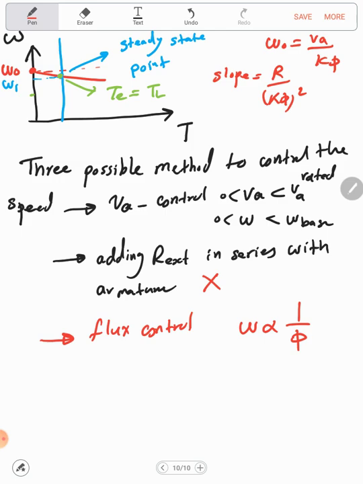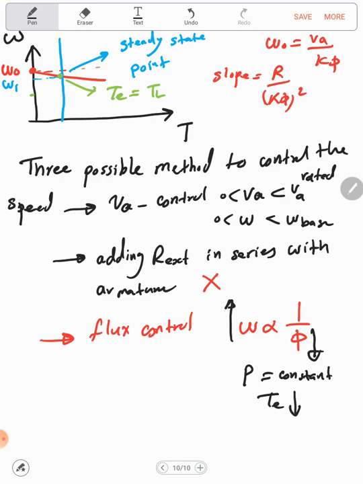So the only possible scenario is to reduce the flux, because increasing the flux is not possible in physics due to the saturation in the core. So the only possible scenario is to reduce the flux, so the speed will be increased, but simply we should maintain the power constant, which means that the torque will be reduced.